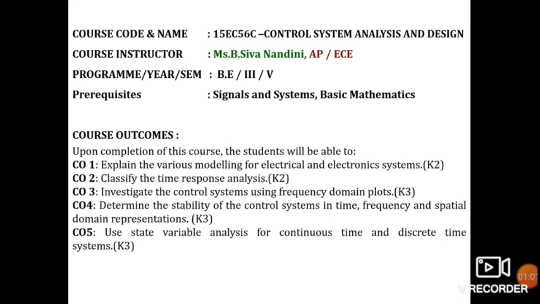So what do you mean by a system? A system is a physical set of components that takes a signal as input and produces another signal as output. So this is what you might have learned about system in the Signals and System subject. So what are the examples of system?